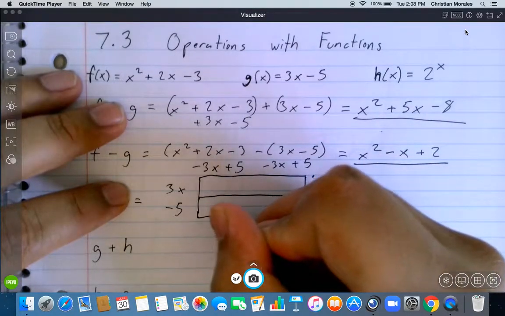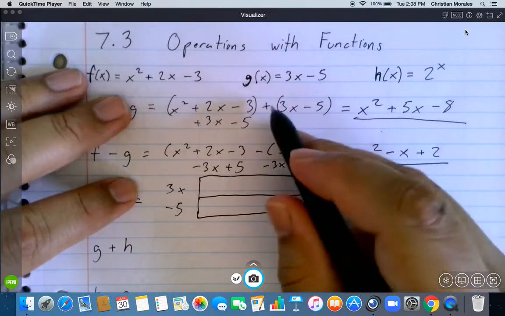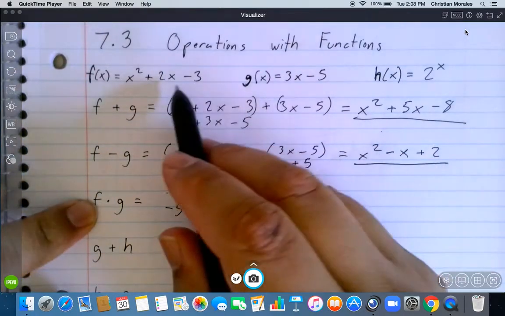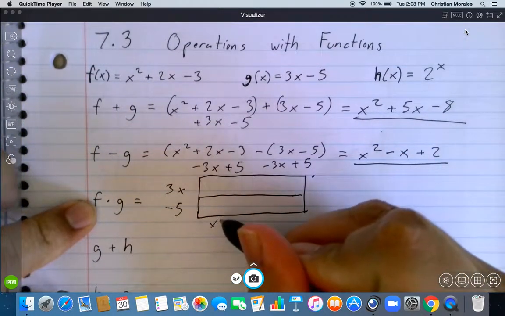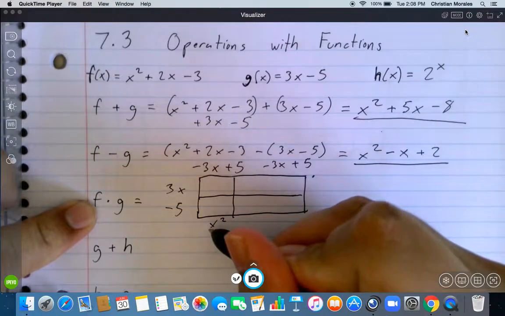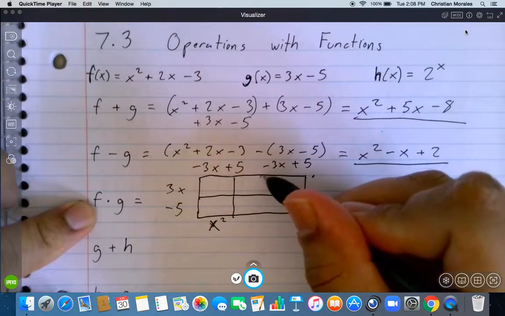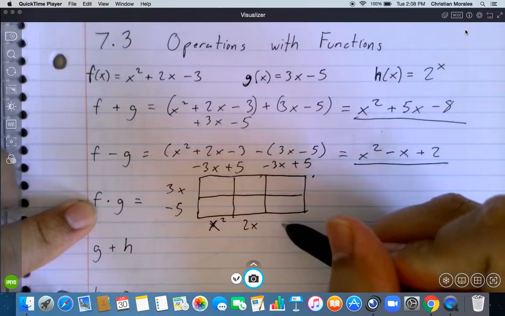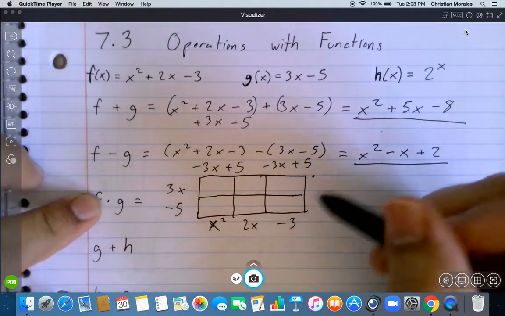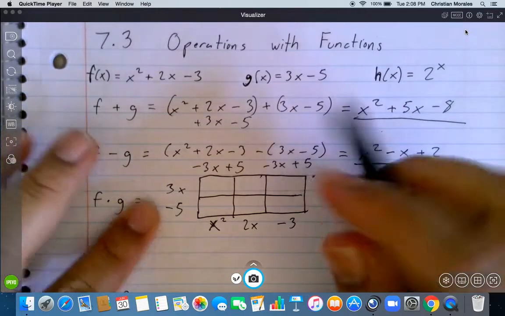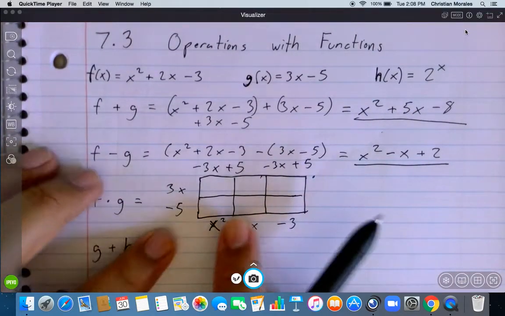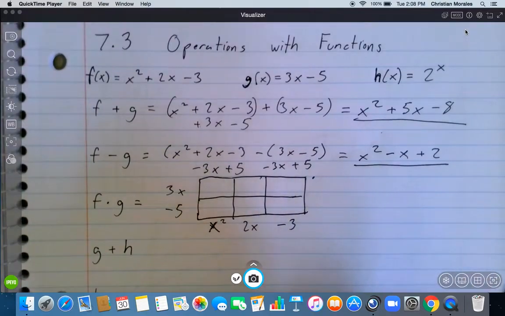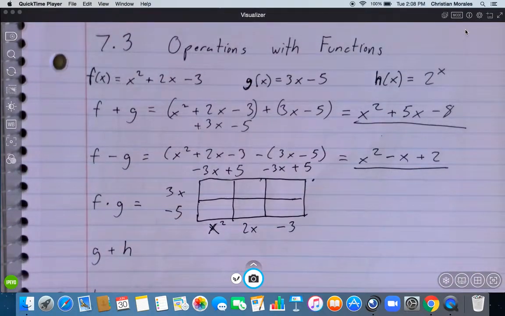Now this is longer than your normal area model because you're multiplying it times f, which has 3 terms. So we're taking the two functions and we're going to multiply them together. Now here we're not matching. This is not like terms. What we're first doing is just multiplying them all together.